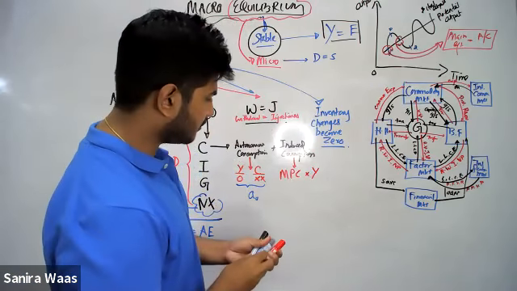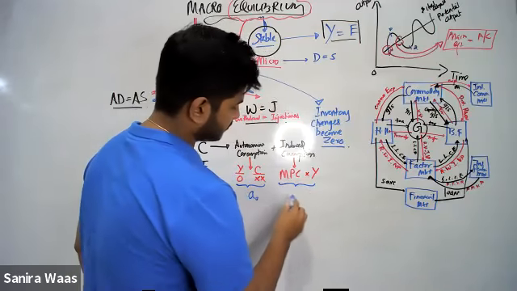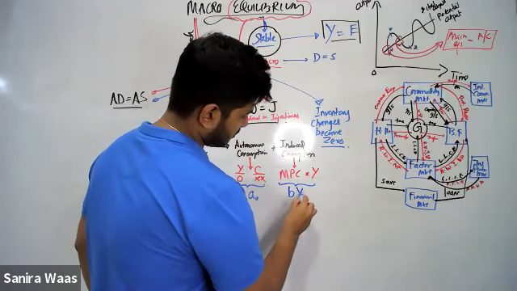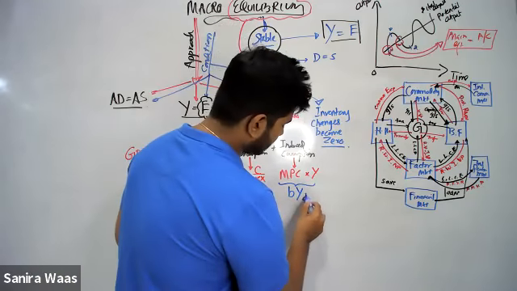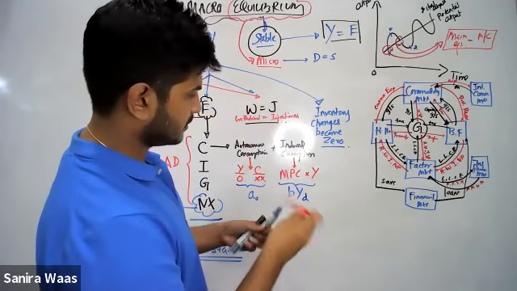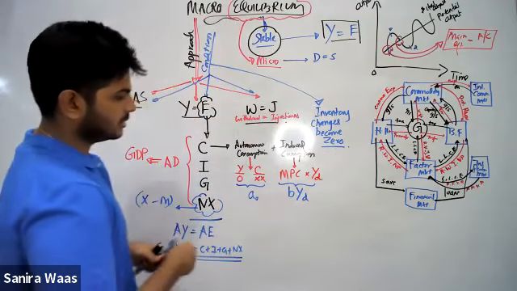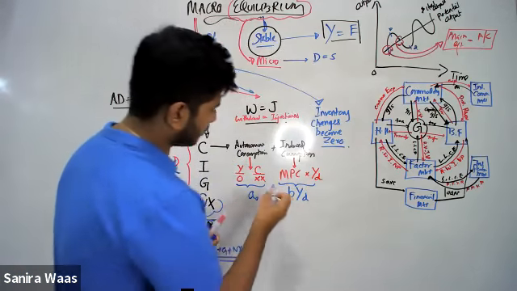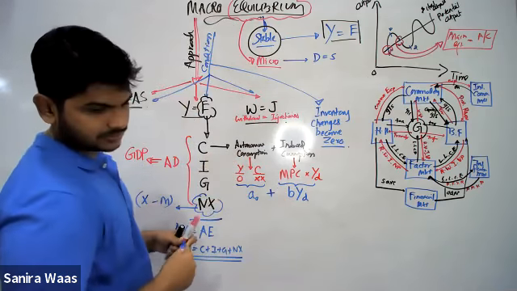Now we simply call this one MPC times Y, or in real terms MPC times YD. Adding these together, we get the consumption function.